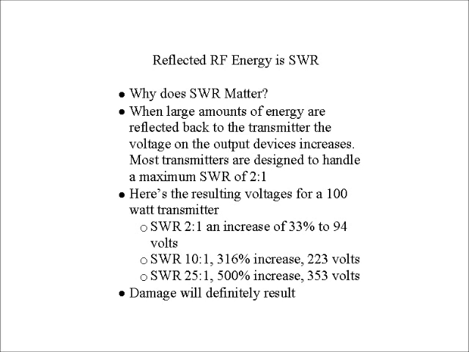And heaven help you, if you got a 25 to 1 SWR, now you have 353 volts on those output transistors, and that's when your transmitter turns to smoke. You let the smoke out. So SWR, from the standpoint of your operation, its main issue is damaging your transmitter. Okay? Makes sense?